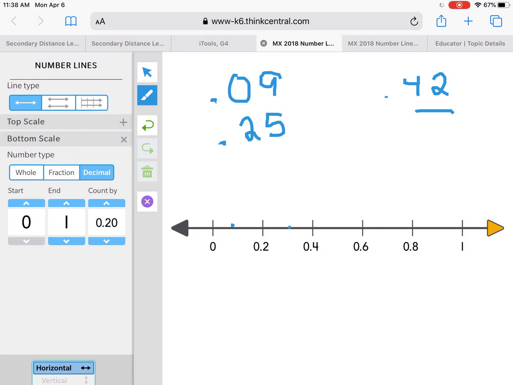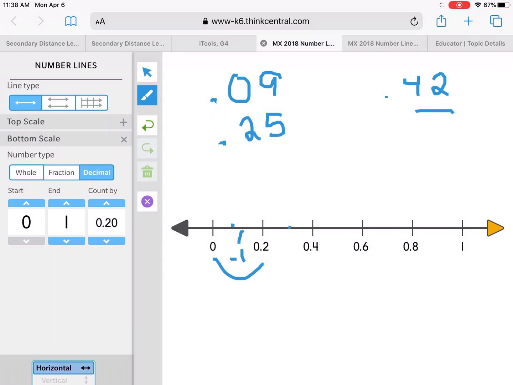Now know that you can add places in between, like between 0 and 2 tenths. What would be in between there? Well, I know that there's a 1 tenth in between here as well. So 9 hundredths is just less than 1 tenth.